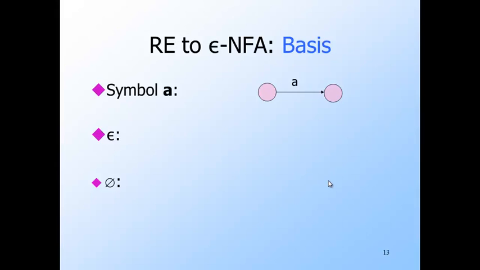Obviously, this automaton accepts the language of the regular expression A, that being only the one string A. If the expression is epsilon, then it is sort of the same, except the arc is labeled epsilon. And if the expression is the empty set symbol, then we just have the start and the final state and no way to get from one to the other.